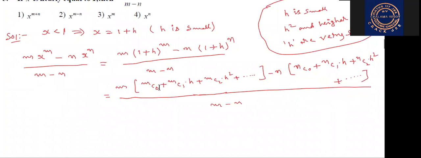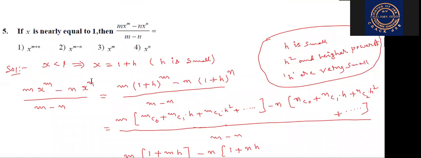H square and higher power terms I am going to neglect. Why? Those are very small values. Then what is the remaining term? See, m into (mC0 which is 1 plus mC1 which is m into h). Remaining terms I neglected because those are very small values. nC0 means 1, nC1 means n into h, nC1 into h.